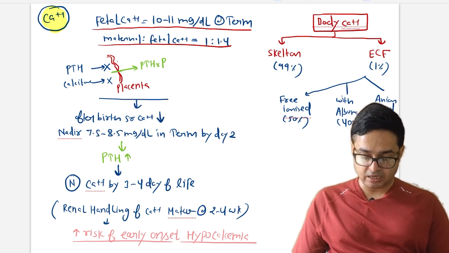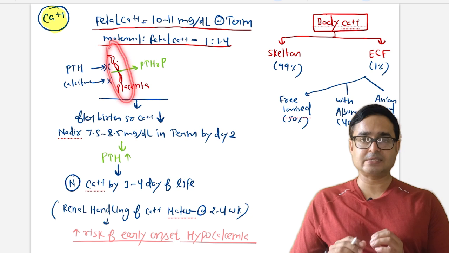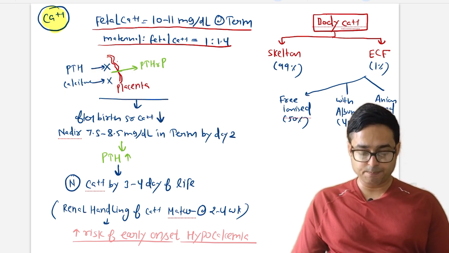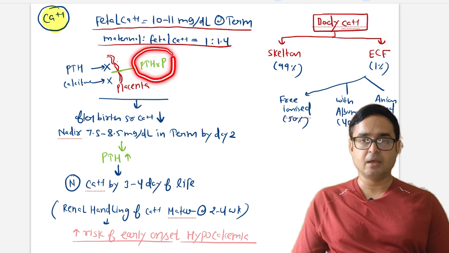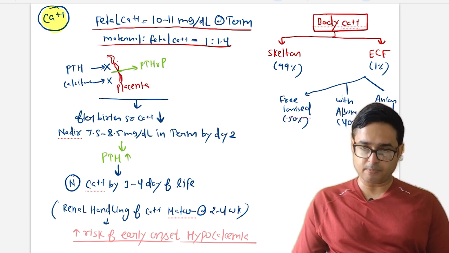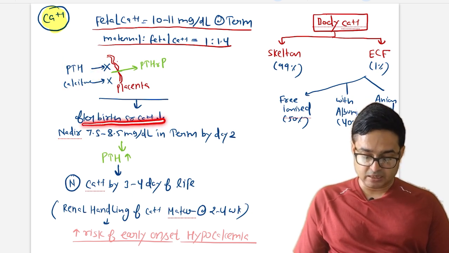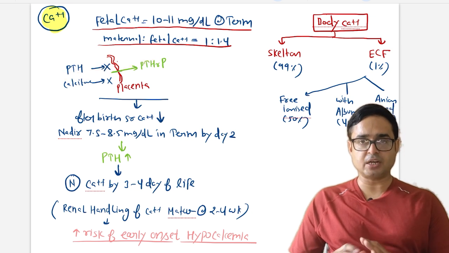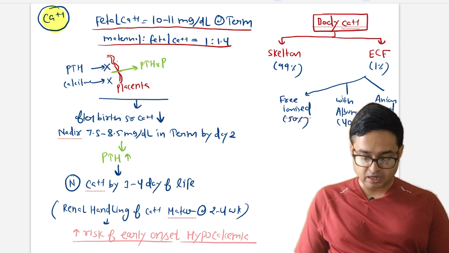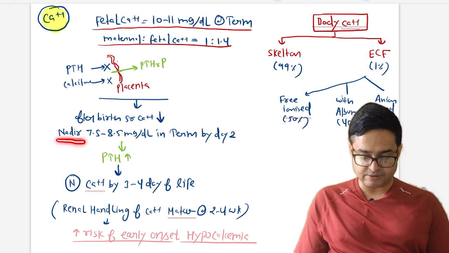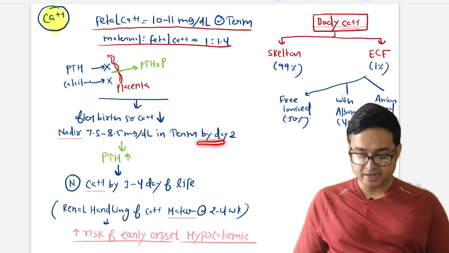What happens in utero? Placenta is impermeable to PTH and calcitonin, but PTH related peptides can pass through the placenta. After birth, when PTH and calcitonin can travel across, serum calcium levels go drastically down, and the nadir is 7.5 to 8.5 milligram per deciliter in term by day 2.